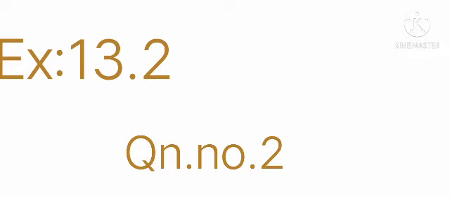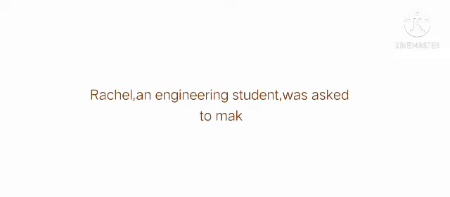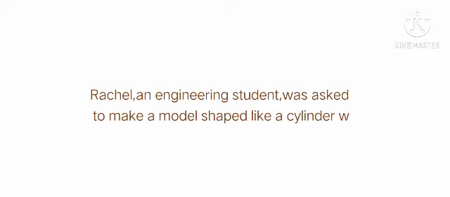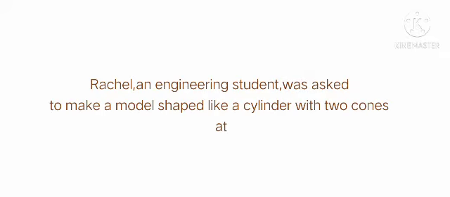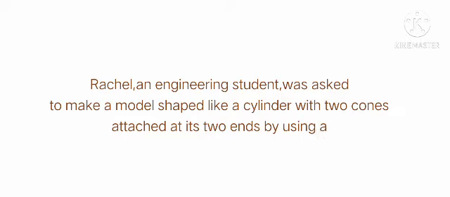Exercise 13.2, question number 2. Rachel, an engineering student, was asked to make a model shaped like a cylinder with two cones attached at its two ends by using a thin aluminium sheet.